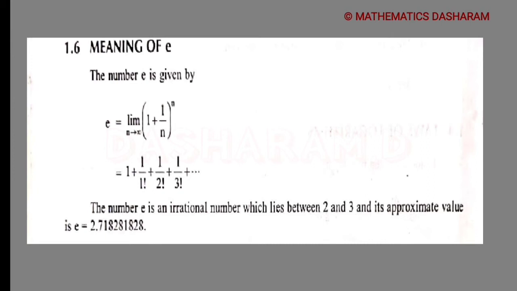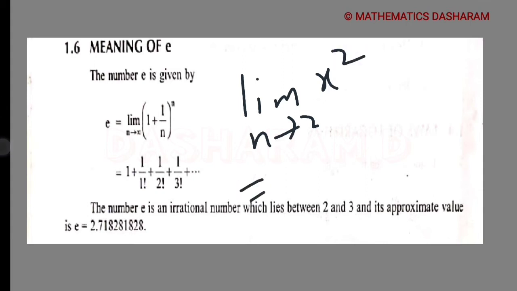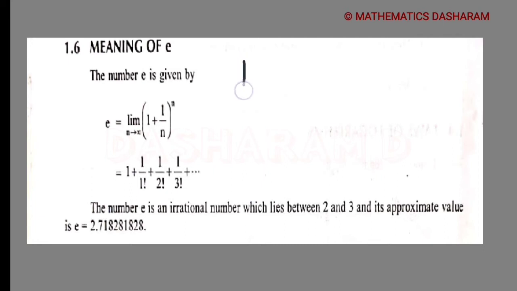The number e is defined like this: limit n tends to infinity of 1 plus 1 by n, all to the power of n. See here, for example, limit n tends to 2 of n square.